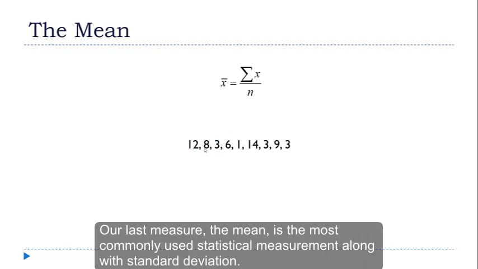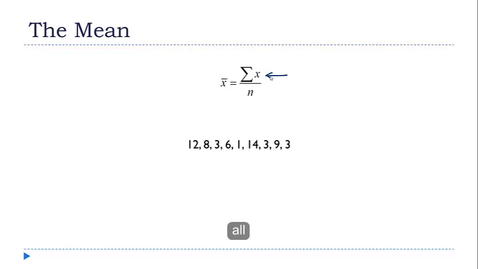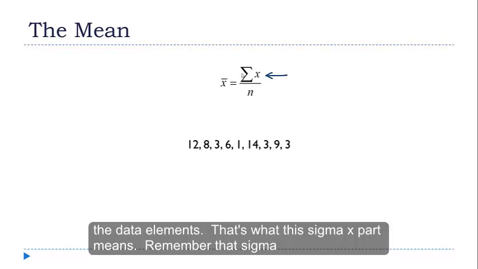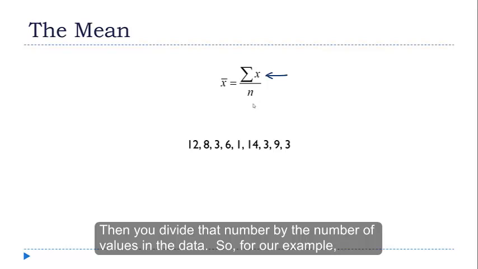One last measure, the mean, is the most commonly used statistical measurement along with standard deviation. To calculate the mean, you start by adding up all the data elements. Remember that that's what this sigma x part means. Remember that sigma is the mathematical symbol for add up all the values. So then you divide that number by the number of values in the data.